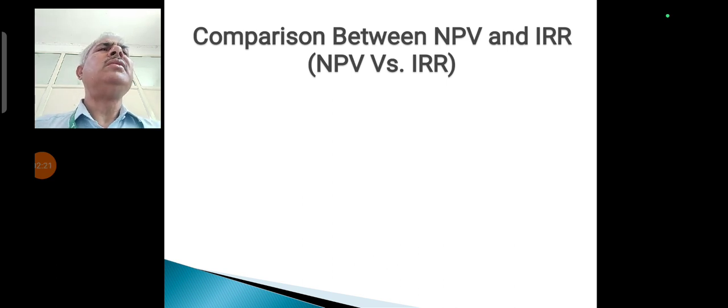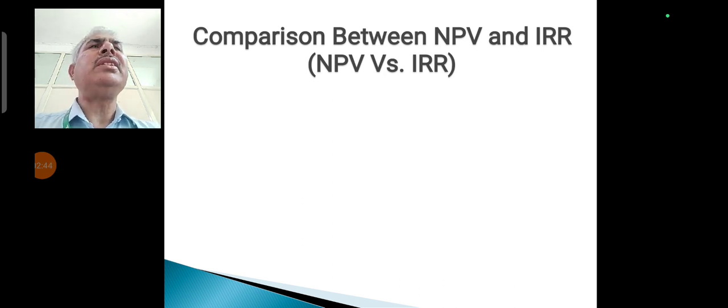Contrary to this, the IRR method does not consider the market rate of interest and seeks to determine the maximum rate of interest at which funds invested in any project could be repaid with the earnings generated by the project.